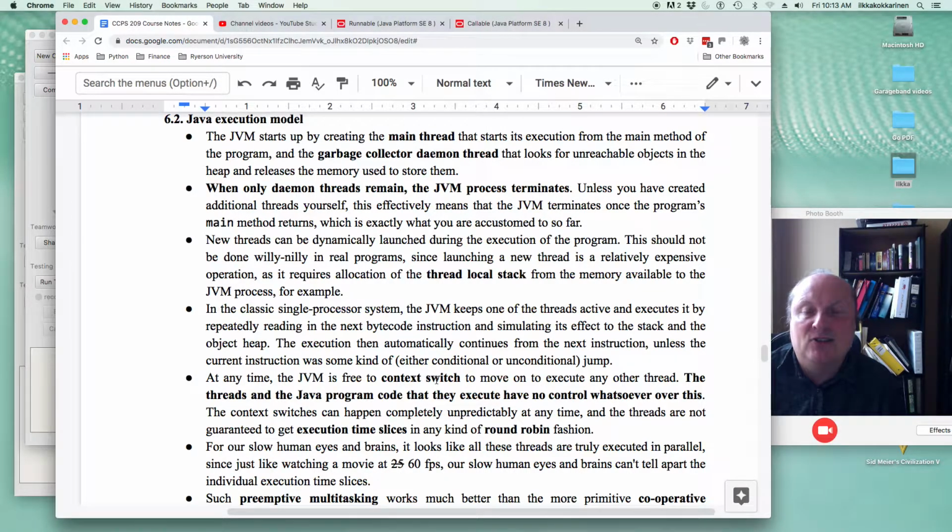Context switch means in this situation that the virtual machine decides, alright, the current thread has now been executed enough, and now it's somebody else's turn, and then the virtual machine switches to execute some other thread from the place where it previously left off.